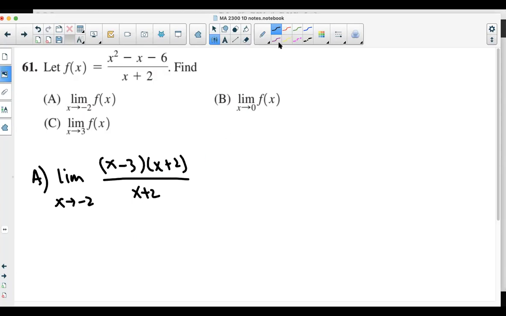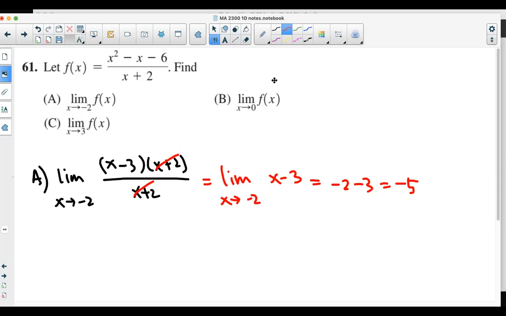And you realize that x plus 2 can cancel away, giving me x minus 3. So this is equal to the limit of x minus 3 as x approaches negative 2. When you plug in negative 2, you get negative 2 minus 3, which is negative 5. That's what happens.